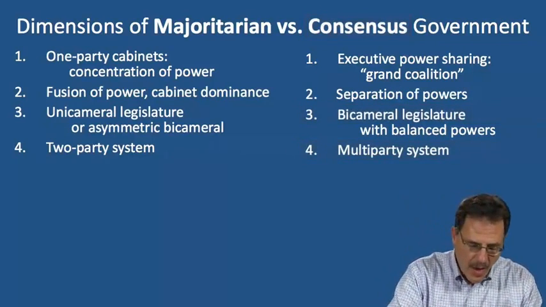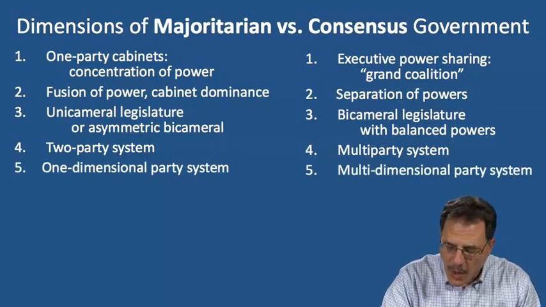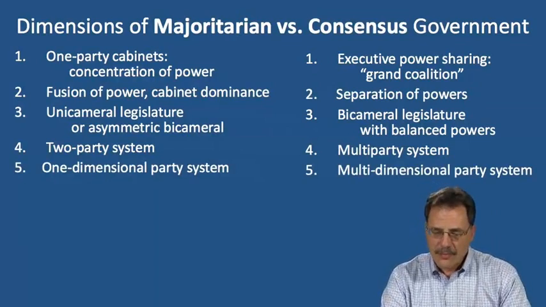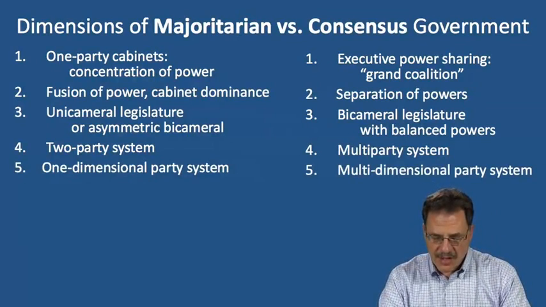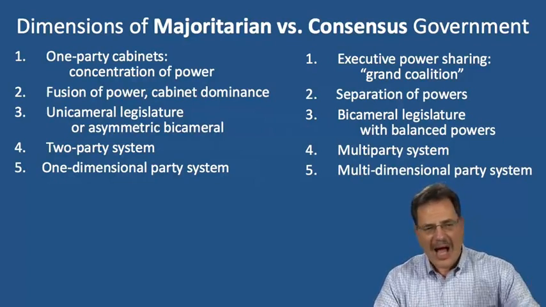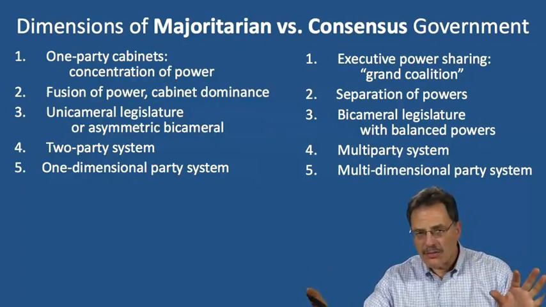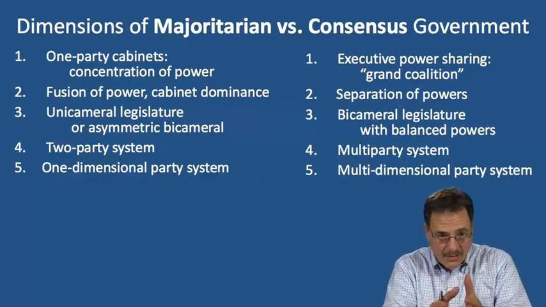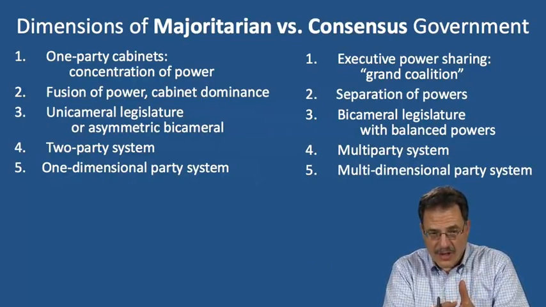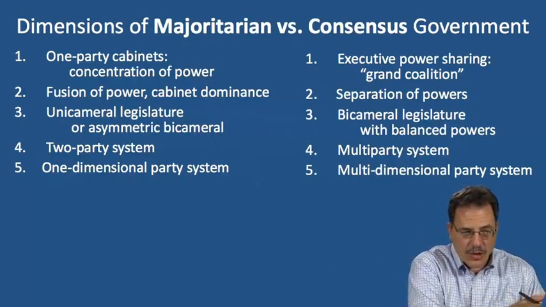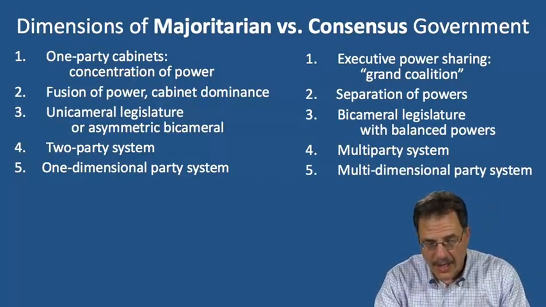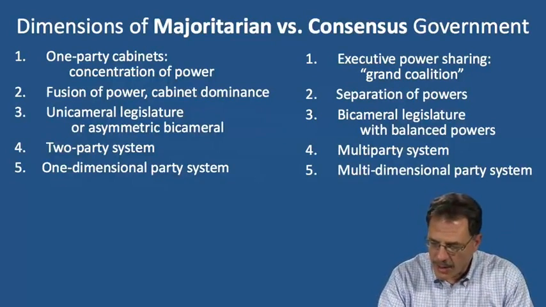By the same token, we can ask the question, is there a one-dimensional party system or a multi-dimensional party system? If the party system is configured on a single dimension, ideology, left-right, it's at least easier to form coalitions. You go out from the middle, which is probably where the larger parties are going to lie, and you reach a little one way or the other toward the extremes or the more ideologically committed parties to get your coalition partners.